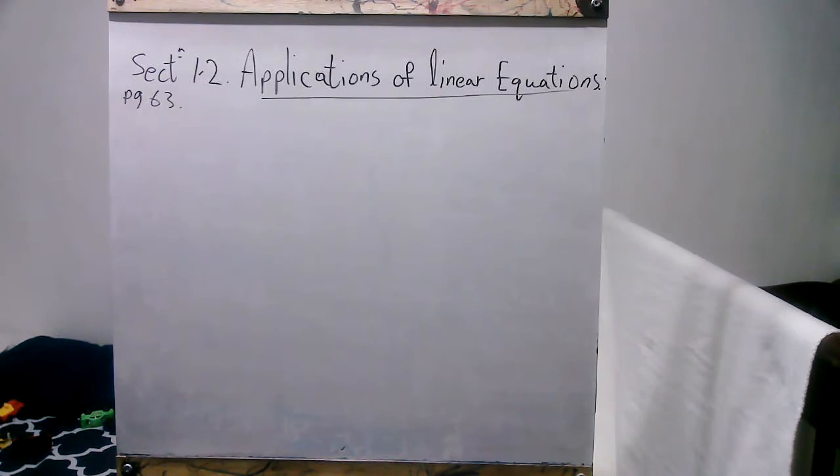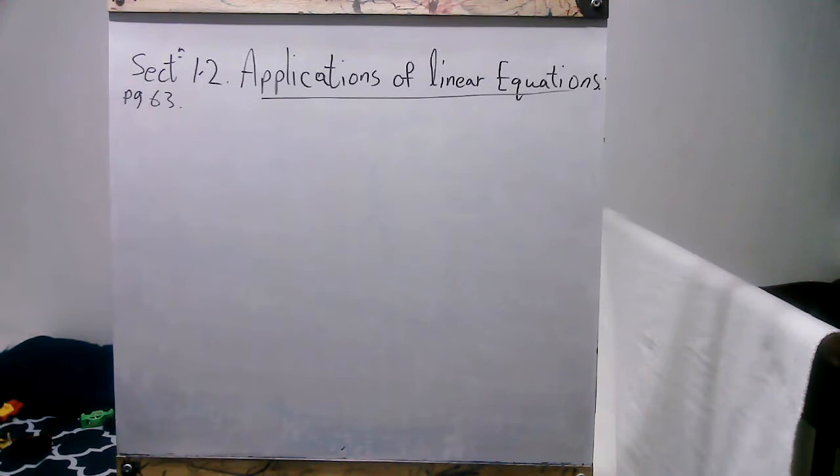Many real processes are modeled by linear equations, though they are really not. You know what I mean? Many real processes are not linear functions, but here we consider those real processes modeled by linear equations.